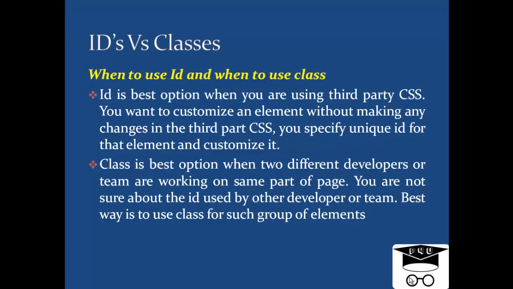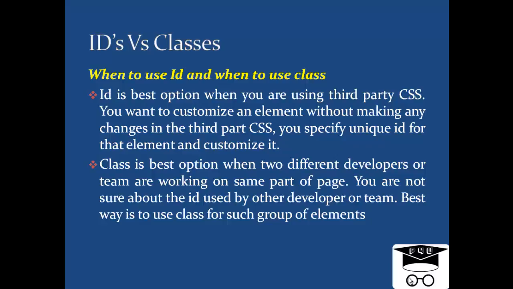Now, when should you use ID and when should you use the class selector? ID is the best option when you are using third-party CSS, that is, you want to customize an element without making any changes in the third-party CSS.